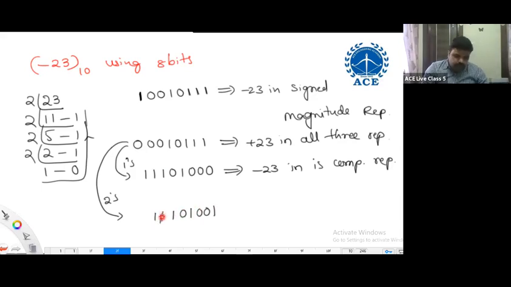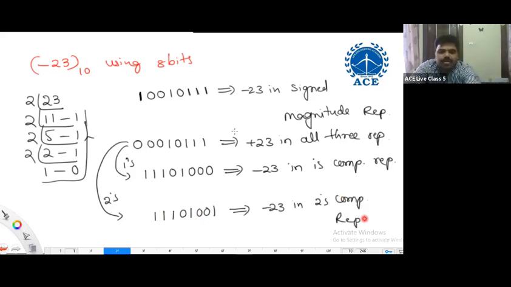I hope everyone is able to write the 2's complement directly. It is now minus 23 in 2's complement representation. Yes, it is minus 23 in 2's complement representation.